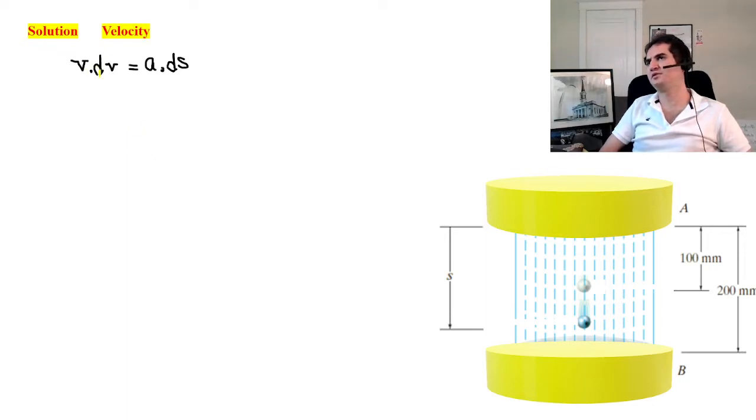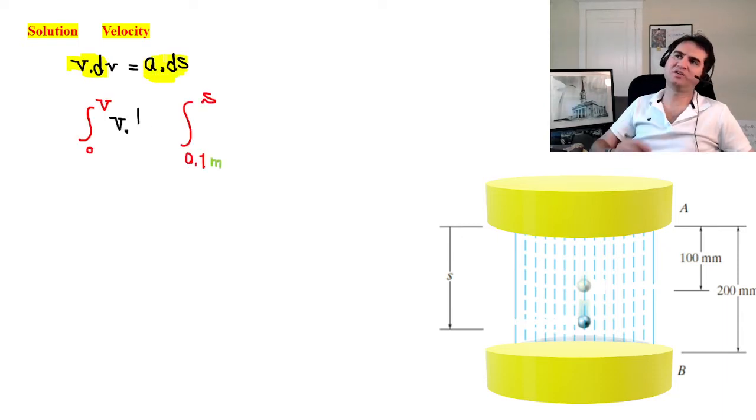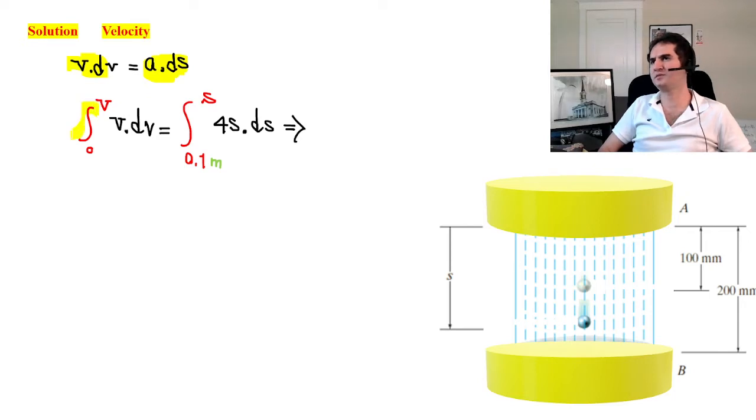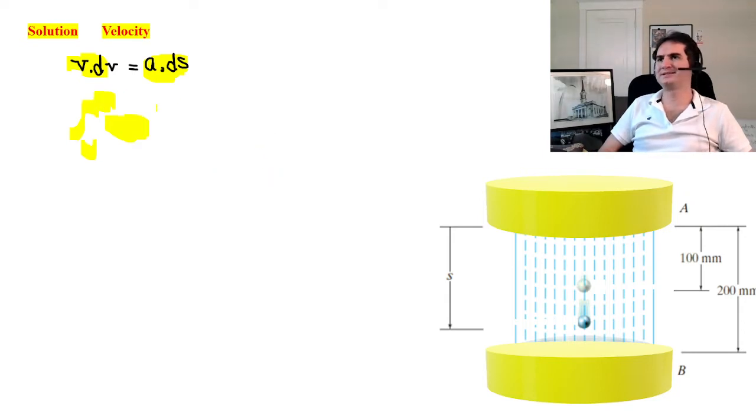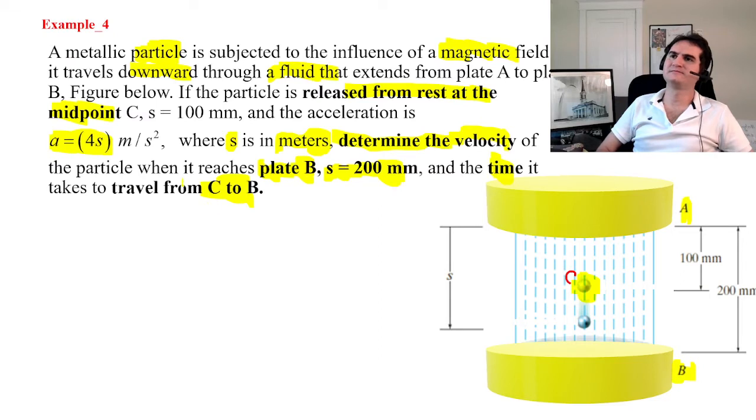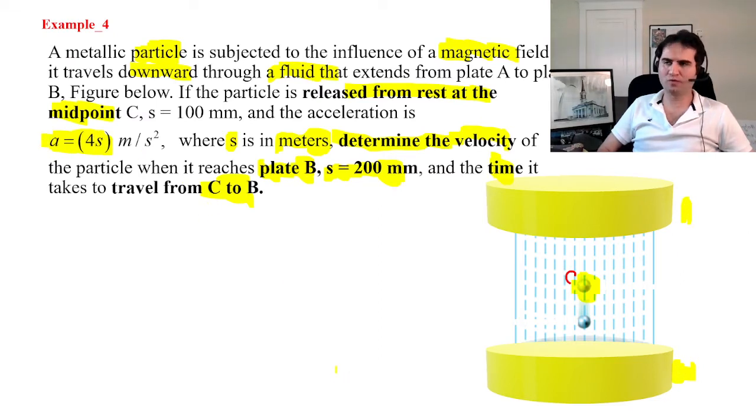If you remember, v dv is equal to a ds. We already have the equation for acceleration. So the integration from 0 to v of v dv is equal to the integration of 4s ds, where the acceleration is 4s.